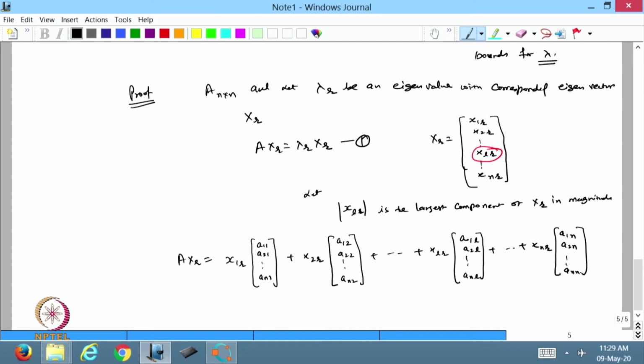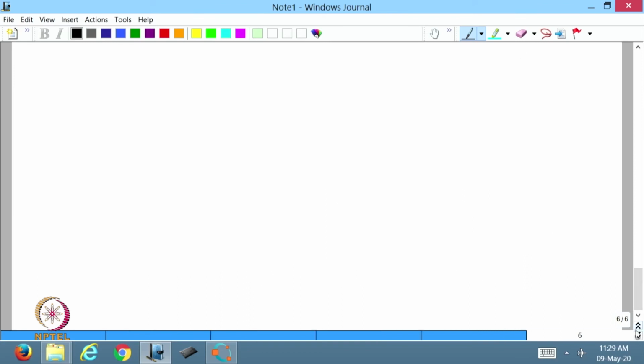This is how we multiply the matrix A with x r, and that is equal to lambda r x r. I will call it equation number 2.